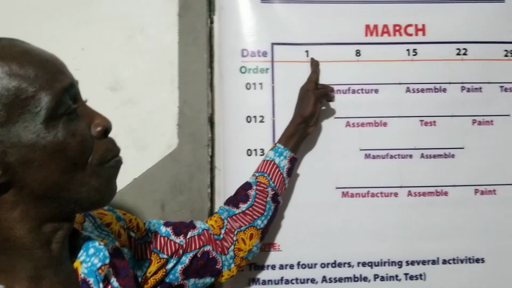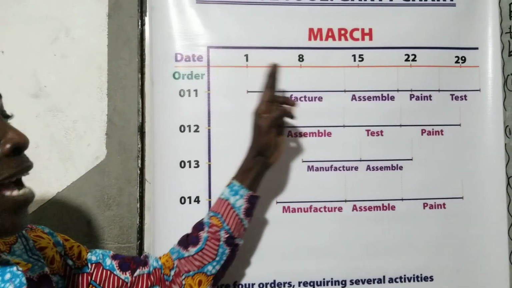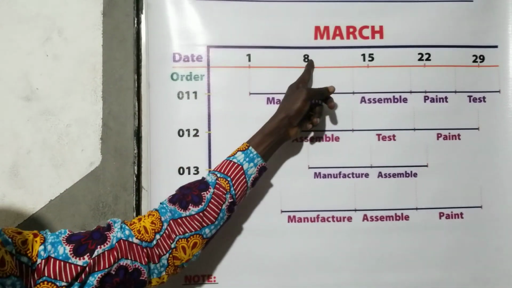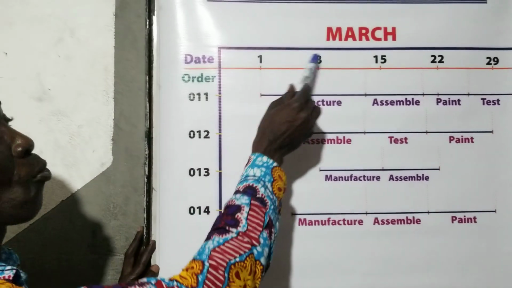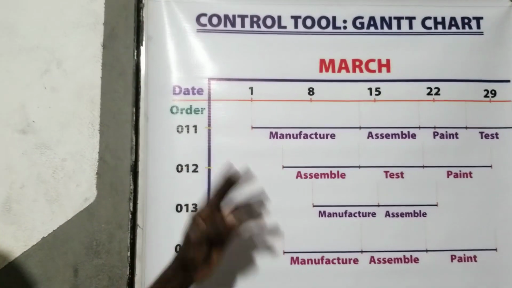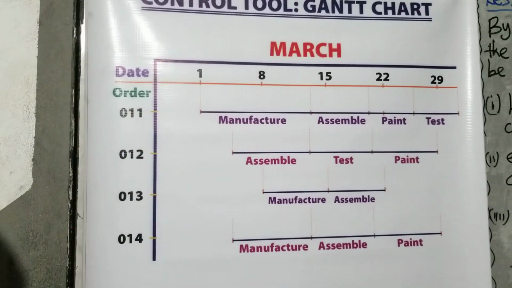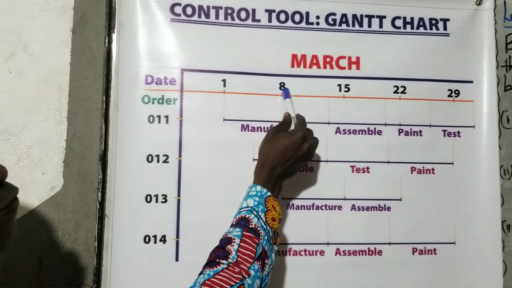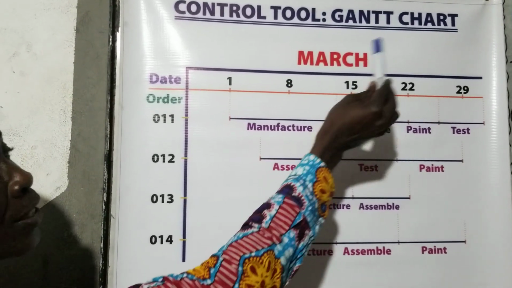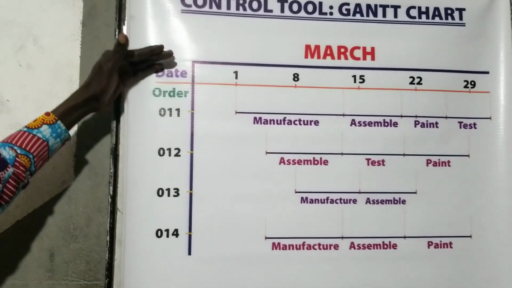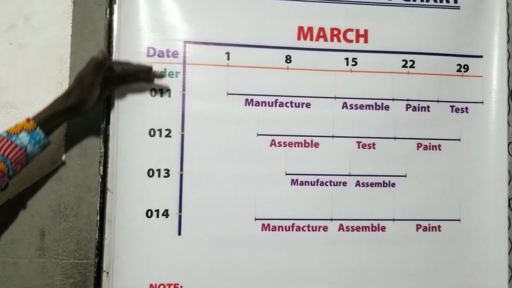But because we will not be able to write 1, 2, 3 up to 30 or whatever, we wrote 1, then 8. That means in between the 1 and 8, there are other numbers 2, 3, 4, 5, 6, 7. So take note of that one. Then from 7 to 15, so this is 22nd and this is 29th. And as a company, we have these orders.